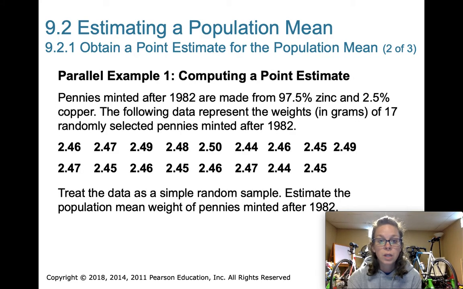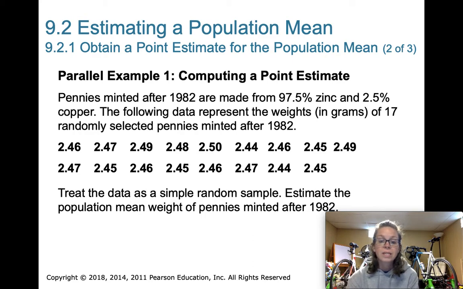So we're going to look at this example a few times throughout the lesson. Pennies minted after 1982 have a certain composition, and here's the weight of 17 randomly selected pennies that were minted after 1982. We're going to treat this as a simple random sample, and we're going to use it to estimate the population mean weight. So from this data, we can find the mean of the sample, because this is the sample. We can find the mean of all of these data points, and that would be our x-bar.